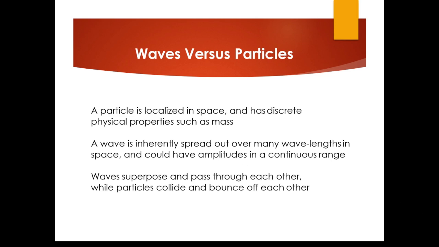So when you compare the two, a particle is localized in space and has discrete physical properties such as mass. A wave is inherently spread out over many wavelengths in space and could have amplitudes in a continuous range. And like I was saying before, a major difference is waves superpose and pass through each other through different types of interference, constructive and destructive, while particles collide and bounce off each other.